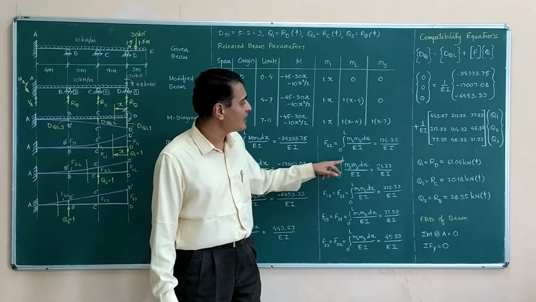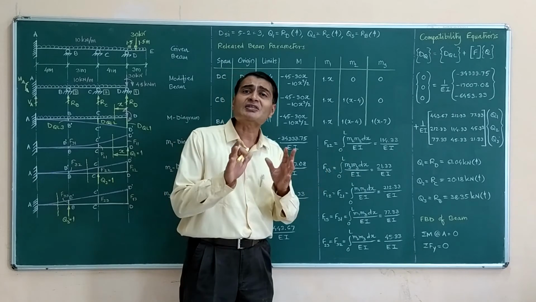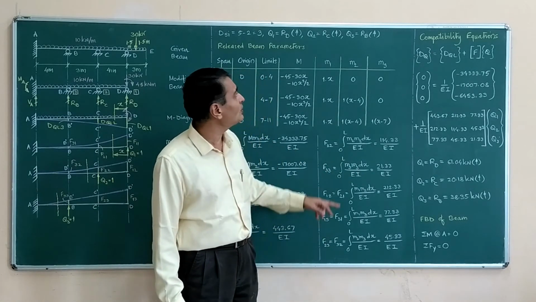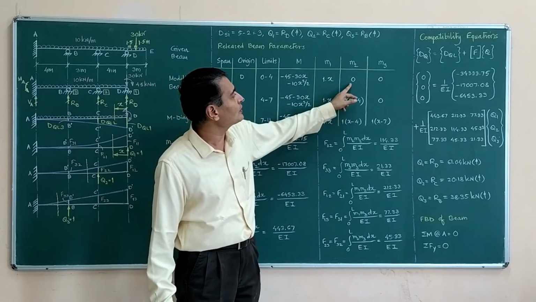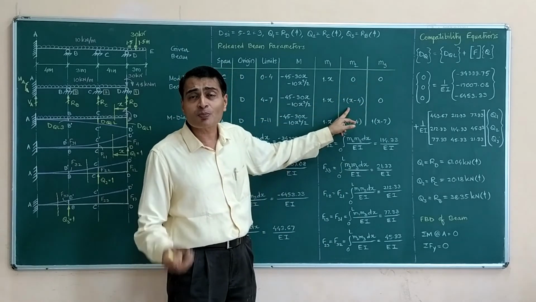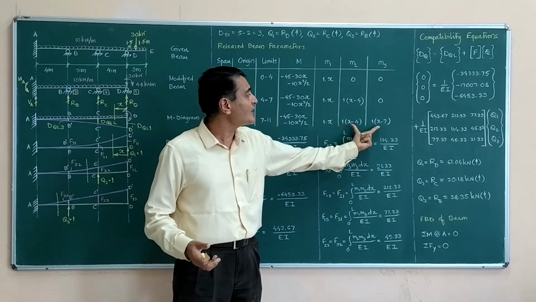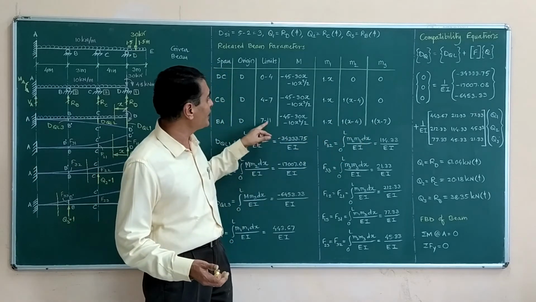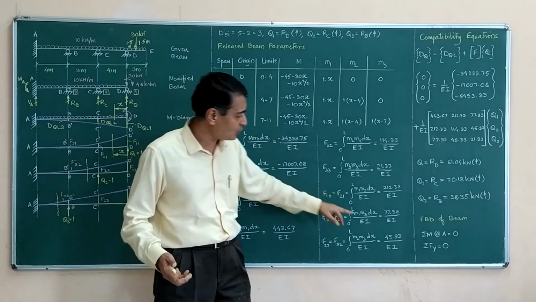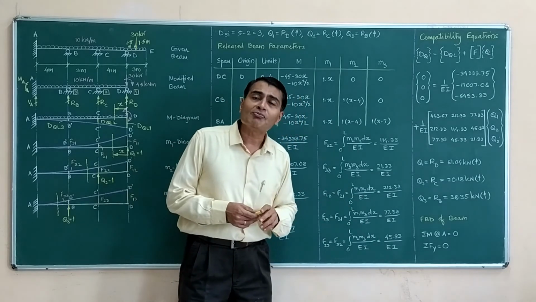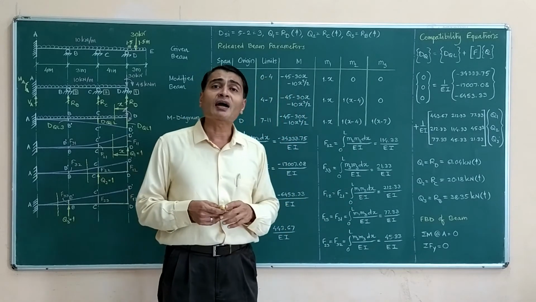If it is 3 3, it is m3 m3. It is as simple as that. So do your F23 calculation, m2 m3 calculation; here and here the question doesn't arise because the product is 0. So only the last integration, x minus 4 into x minus 7, integral 7 to 11 with respect to x upon EI. You will get the final flexibility coefficient F23.